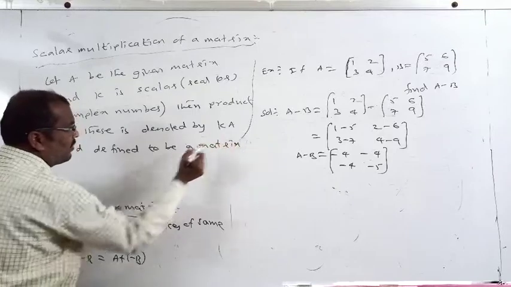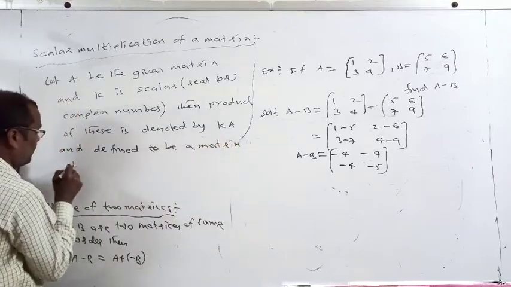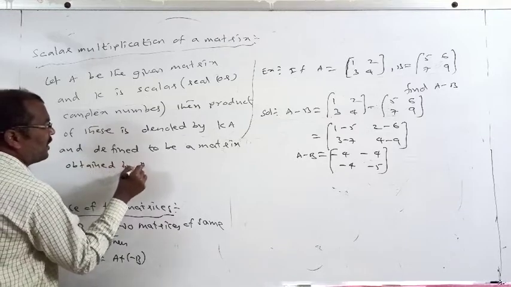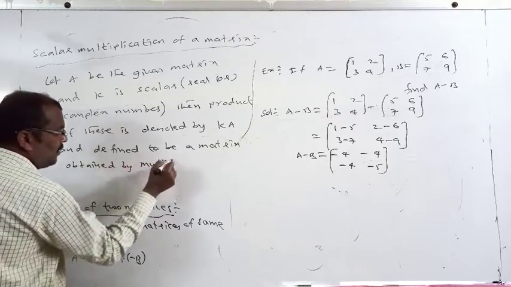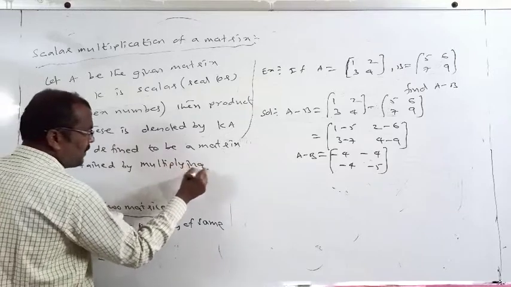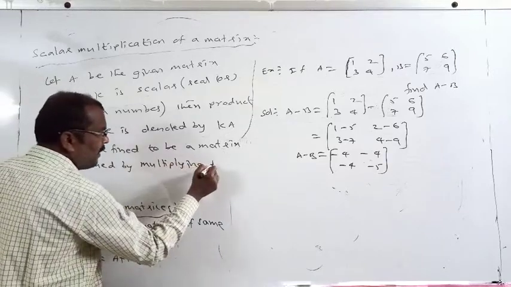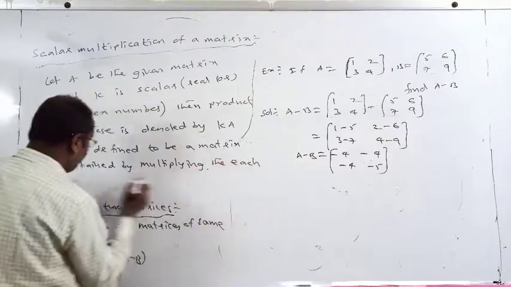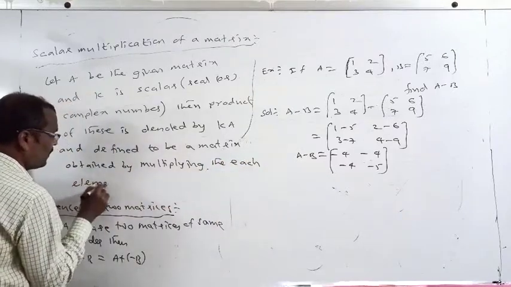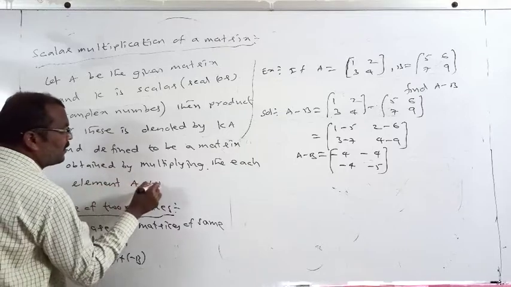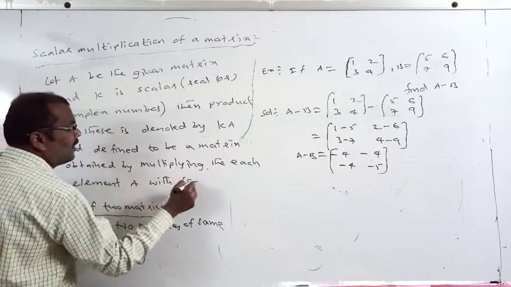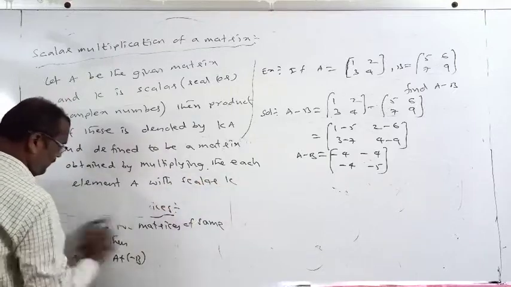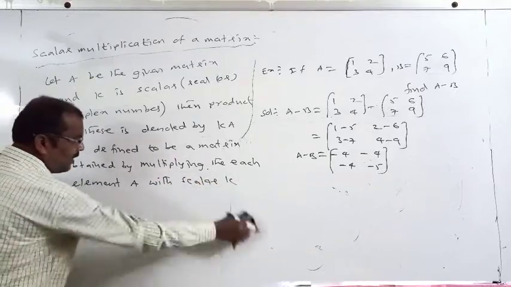So how can you create that matrix? It is obtained by multiplying each element of A with the scalar k.